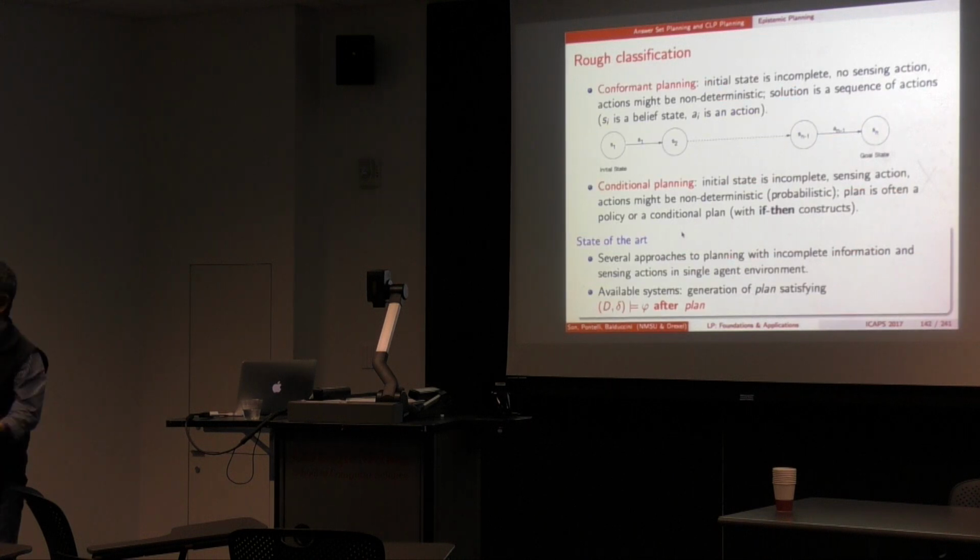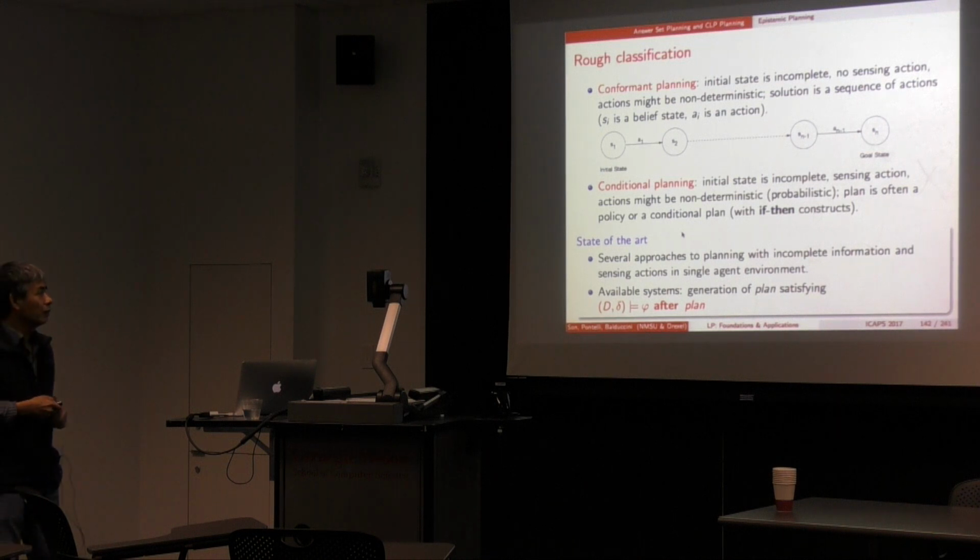So, the rough classification of planning with incomplete information, we can divide it into two things. One is conformant planning. In conformant planning, you find a sequence of actions that guarantees it will lead to the goal.